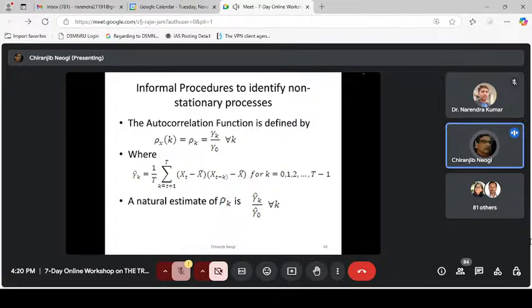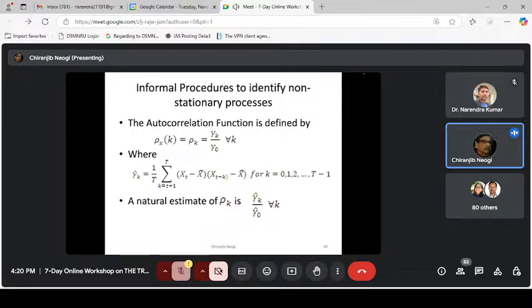Now, these autocorrelation functions, as I defined here, I can estimate these values and get the correlation values for each k. Suppose I take 5, then I can take 6, then 7, which are actually lag values: 5 years lag, 6 years lag, 7 years lag, like this.